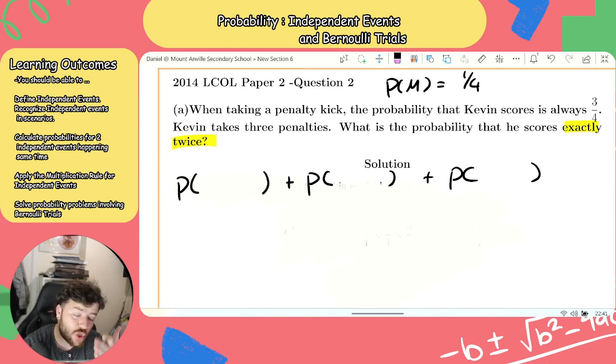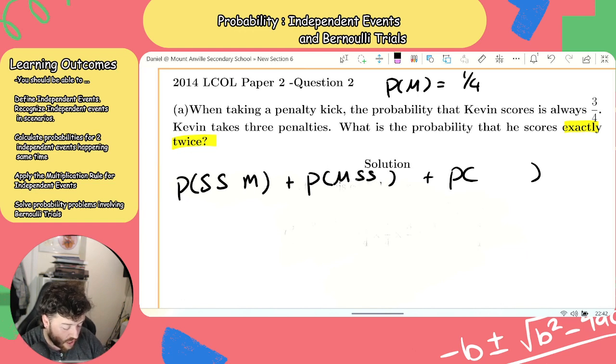But when does he score those goals? He could score the first 2 times and miss the last time. He could miss the first one and then score the last 2, and finally he could score, miss, and score again.